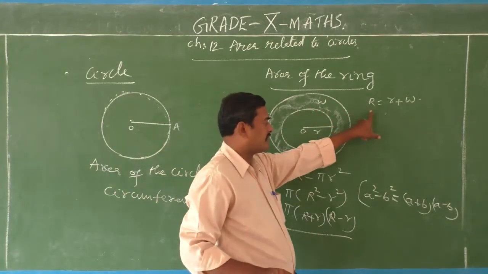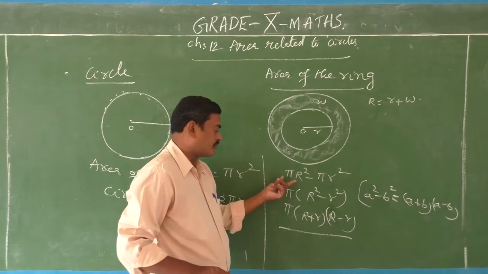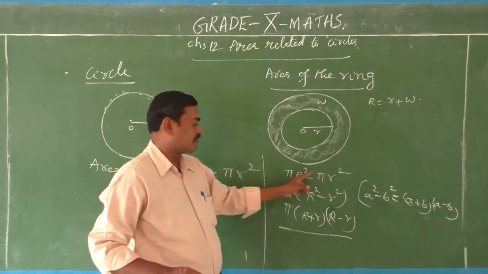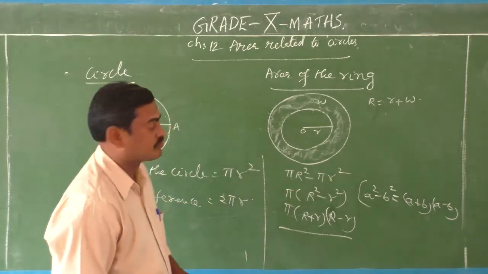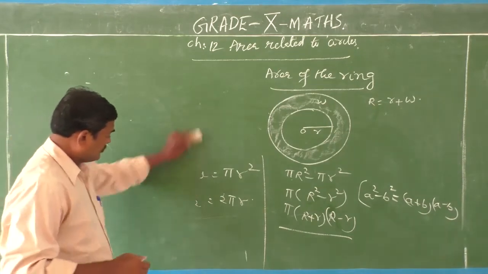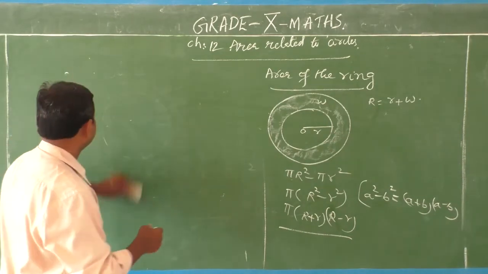Then the area of the ring equals the outer area minus the inner area: pi capital R square minus pi small r square.